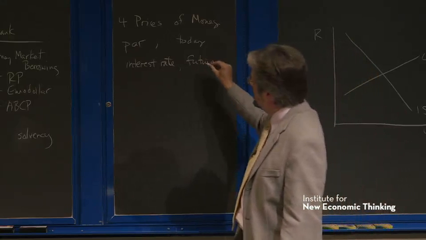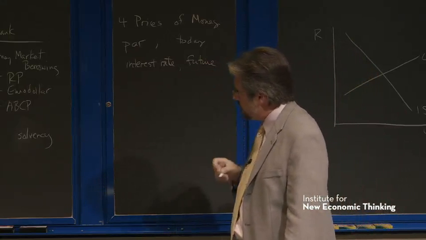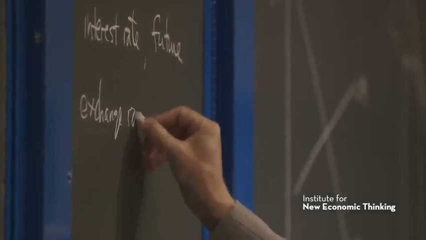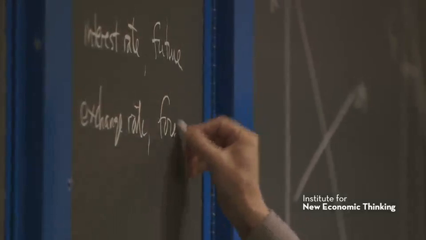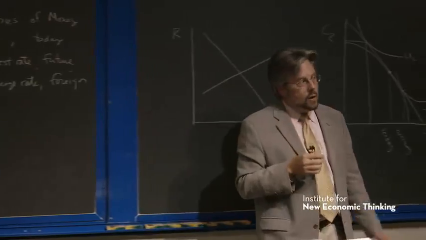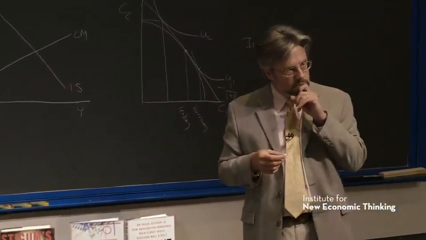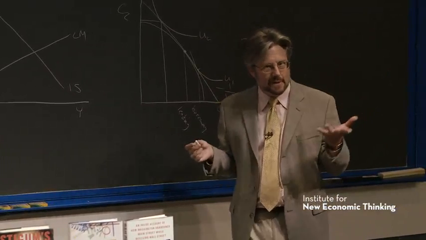That's one price. Interest rate is the second price. The exchange rate. So this is about the price of domestic money in terms of foreign money, or about domestic money in terms of world reserve money. You know, that there's a best money. We know that best money is the dollar.